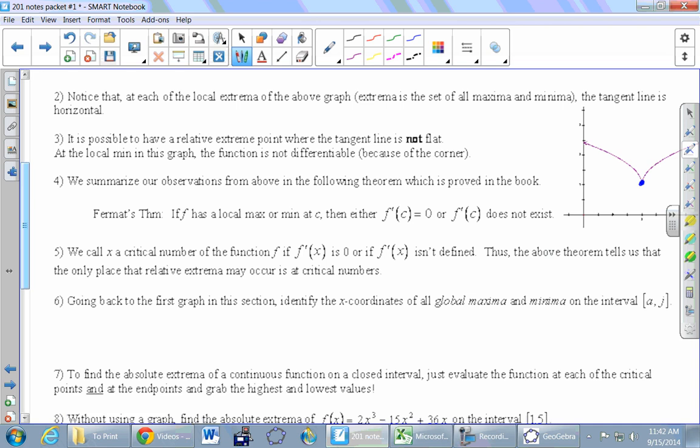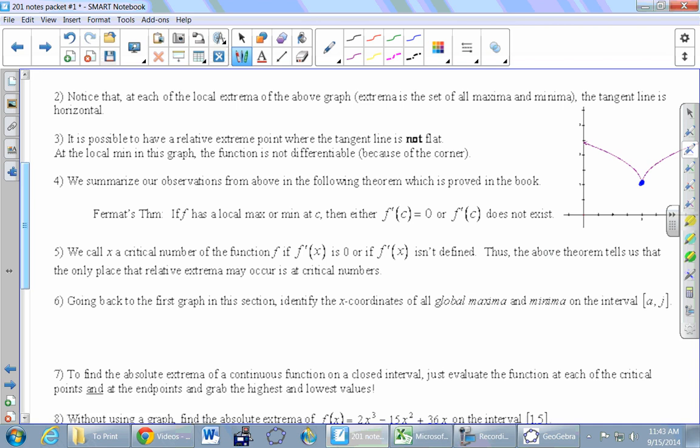Haley, number 5. Okay, so that's our definition of critical number, place where the graph is horizontal or derivative is not defined. All right, moving on to Dan for 6.